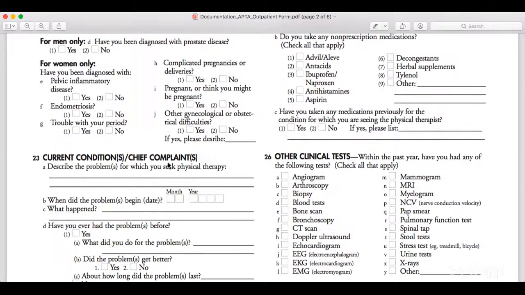The third thing is family and social history. Family history is talking of genetics: your father has had stroke, so you may be at risk of having stroke. Then social history: issues of smoking, alcohol intake, a sedentary lifestyle or active lifestyle.